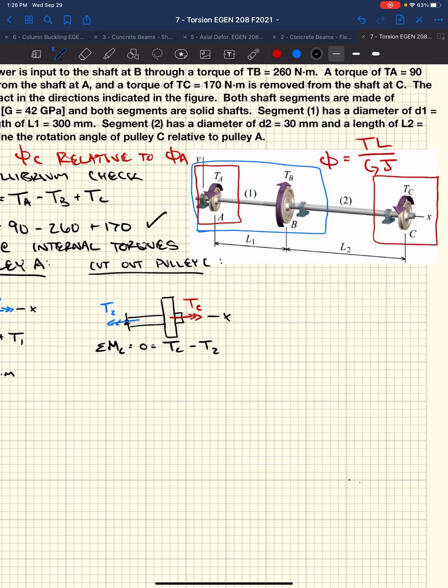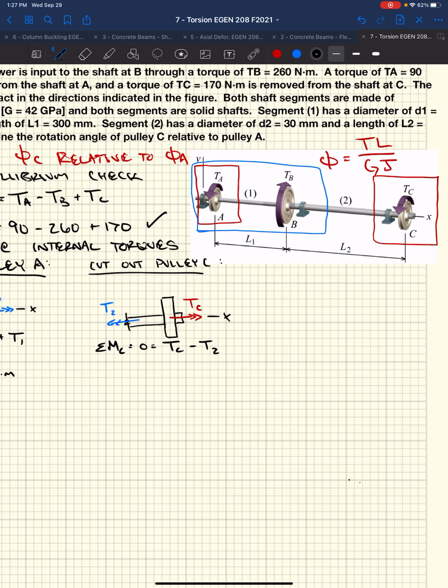I guess something to note here that can be confusing is sign convention for torques. Outward normal is positive. We've talked about that. But in this case, even though this is a positive internal torque, when we are summing moments, the directions we assume as positive or negative are relative to these vector directions. So if I'm assuming x is positive to the right, T sub C is positive, but T2 is actually negative.